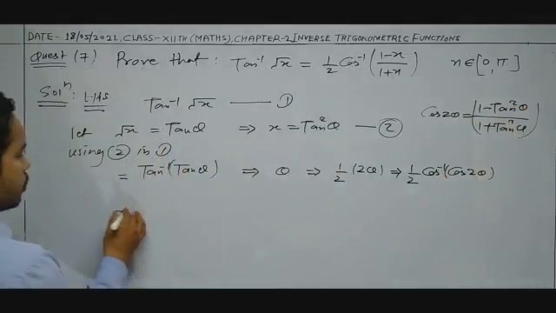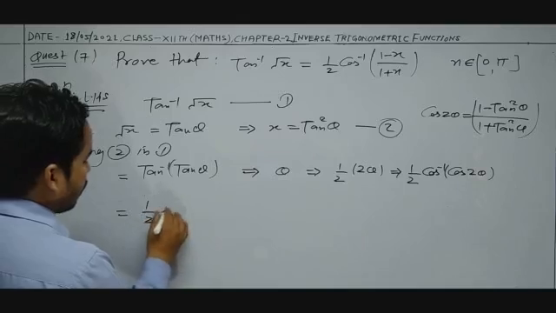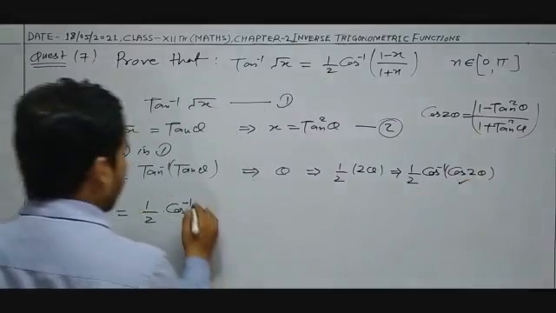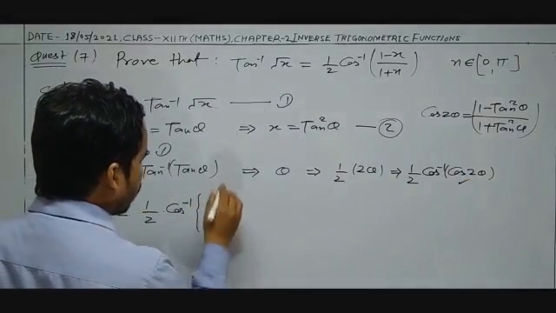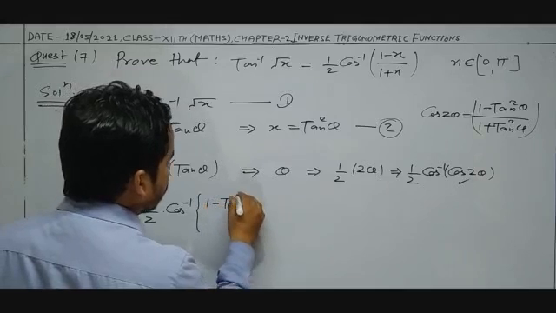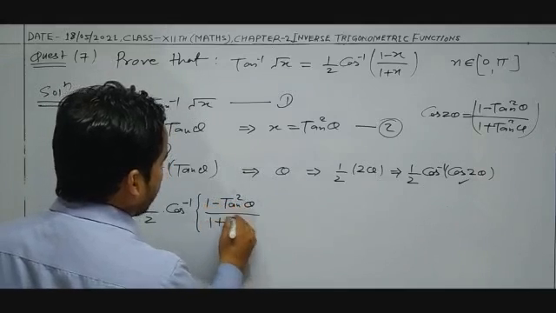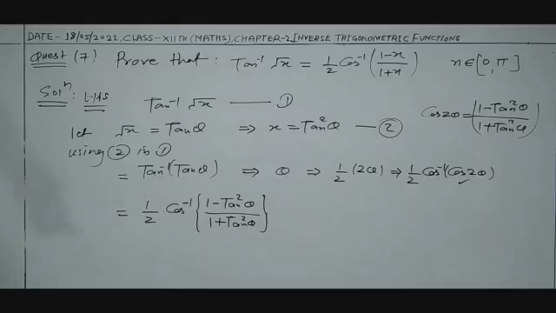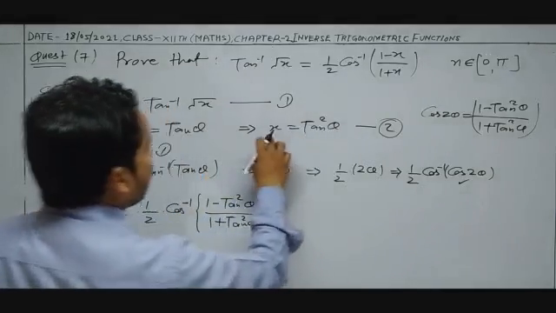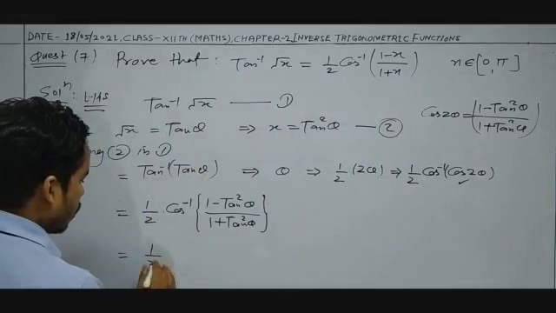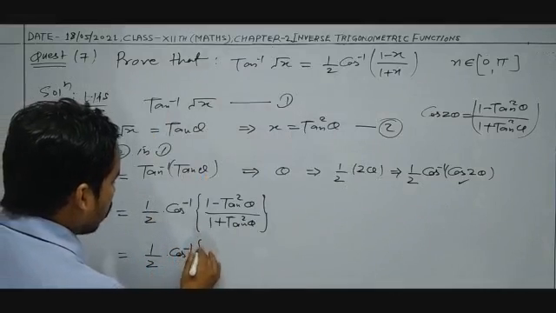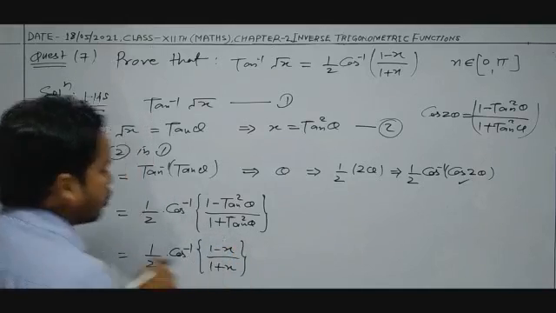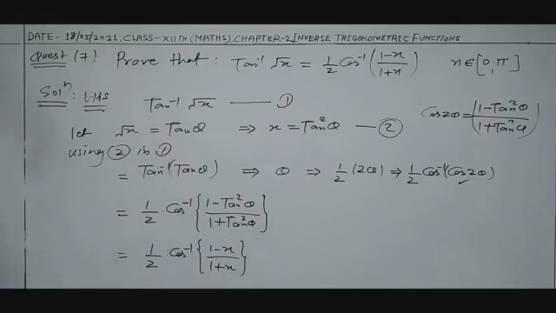So put the values: 1 by 2 cos inverse of (1 minus tan square theta) whole upon (1 plus tan square theta), and you know the tan square theta value is x, so 1 by 2 cos inverse of (1 minus x) whole upon (1 plus x). So this is the proof. Hence proved.